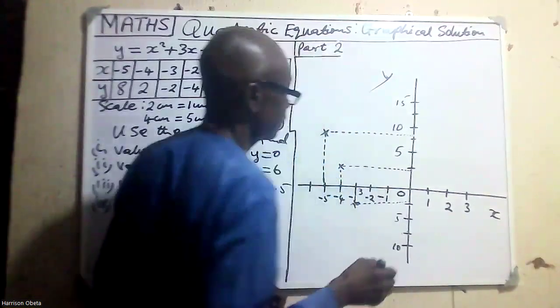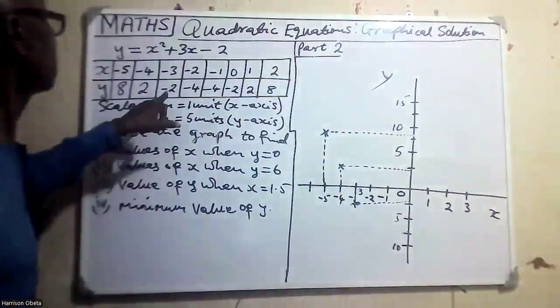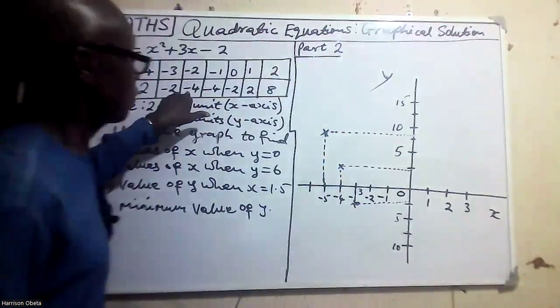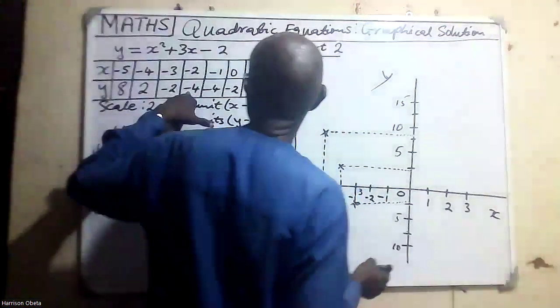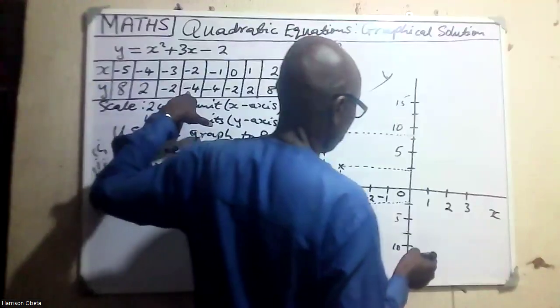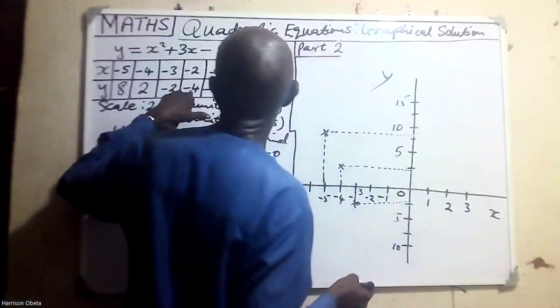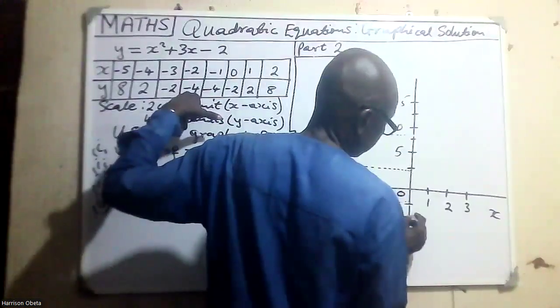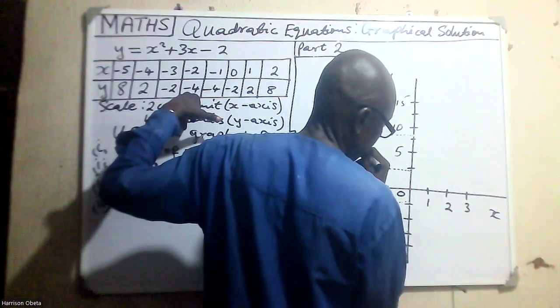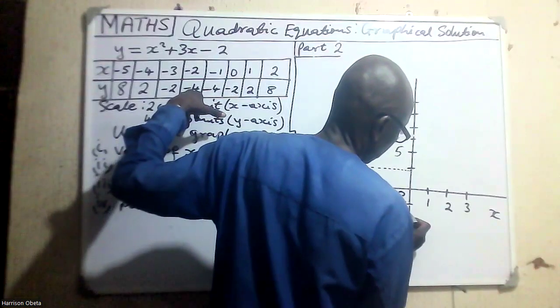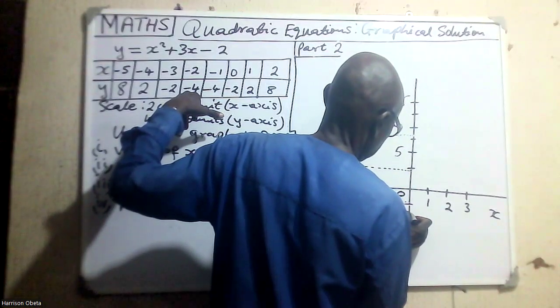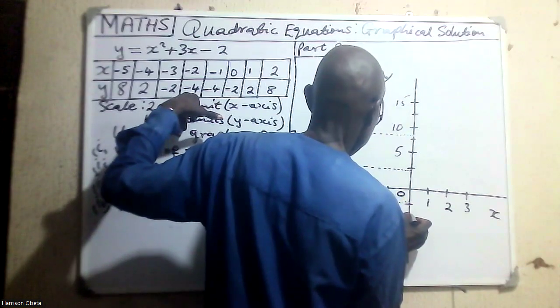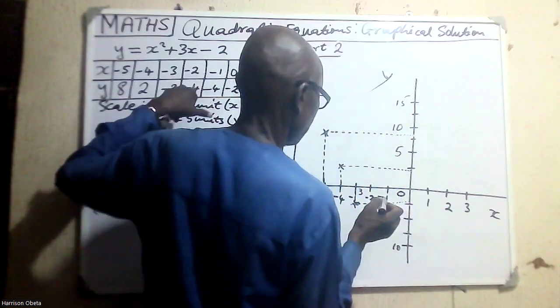You mark your x. Then minus 2 minus 4. Minus 4 will give us 16 boxes. So from here to here will give us 20. So 16, minus 2 minus 4.